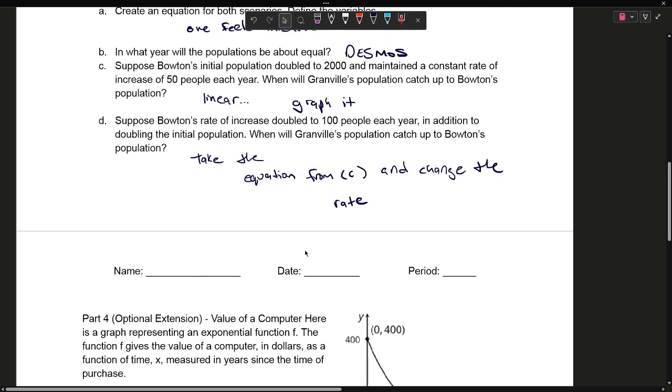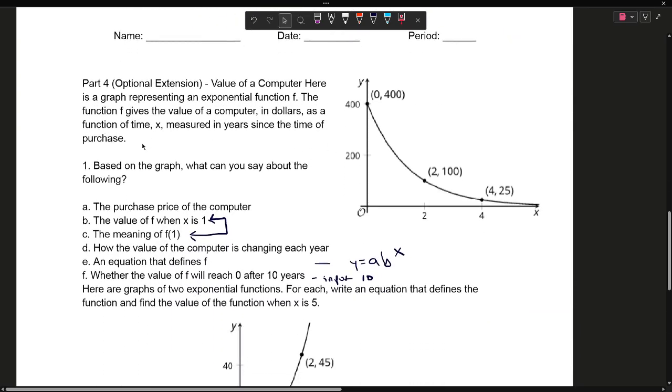And then this one says suppose the rate of increase doubles to 100 people each year. So you take 2,000 and you add it by whatever your rate is here. That's a little hint for you. And from there, you're just going to calculate it. So take the equation from C and change the rate. That's all D is asking you to do.